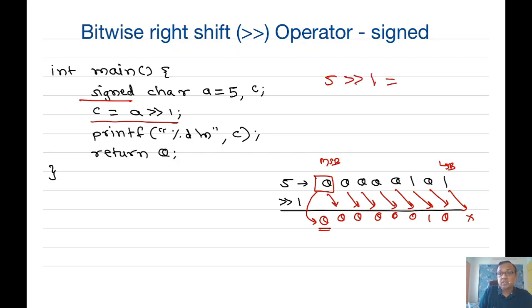When you are shifting by 1, it still gives you the same result, but understand that the pattern is a bit different. When we do the shifting, the MSB is copied into the new MSB position. You will realize its difference when you go to a negative signed number.